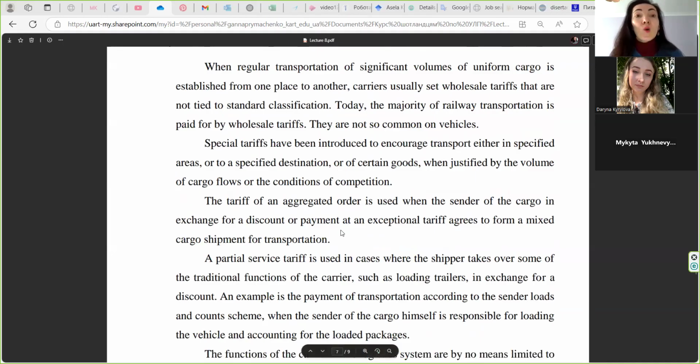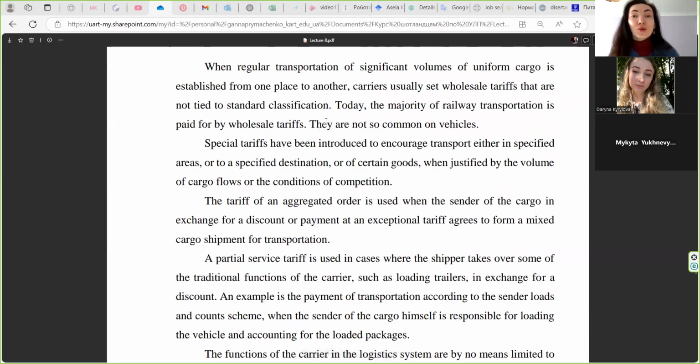So, when regular transportation of significant volumes of uniform cargo is established from one place to another, the carrier usually sets wholesale tariffs that are not tied to the standard classification. Today, the majority of railway transportation is paid for by wholesale tariffs.